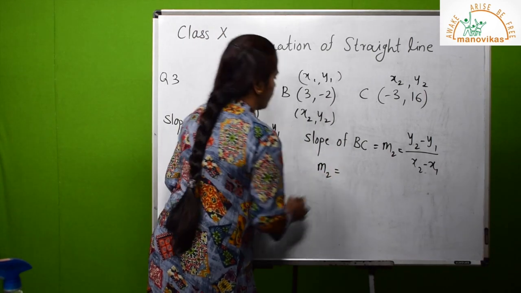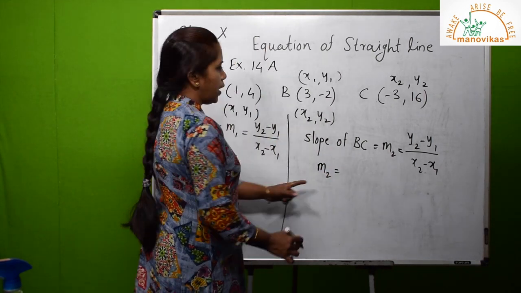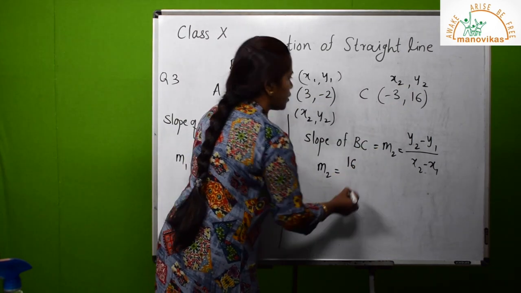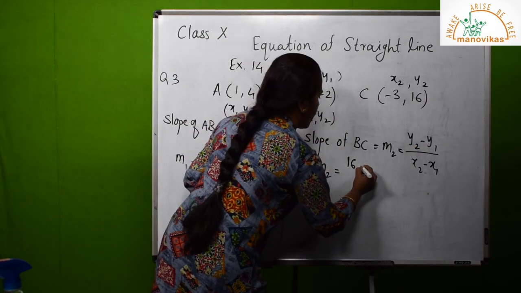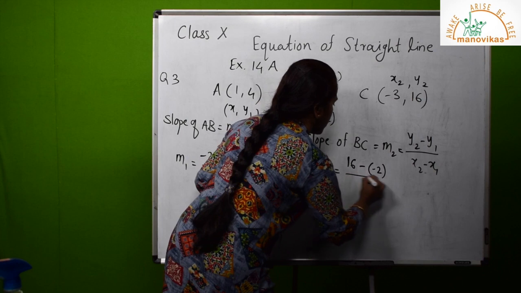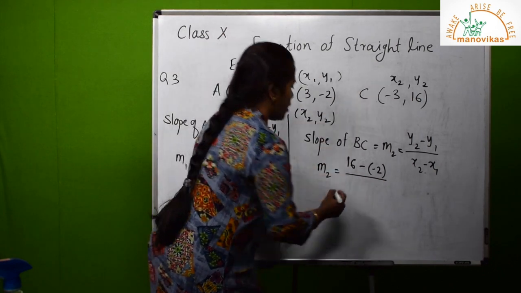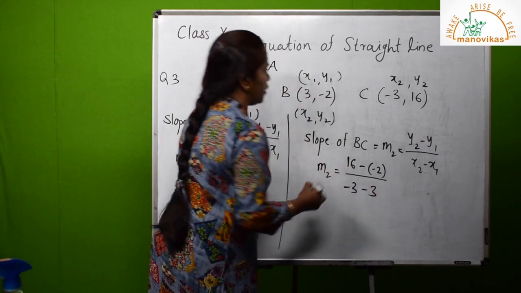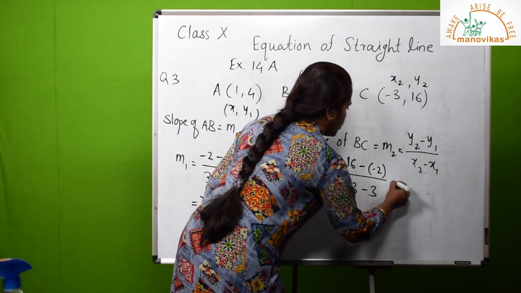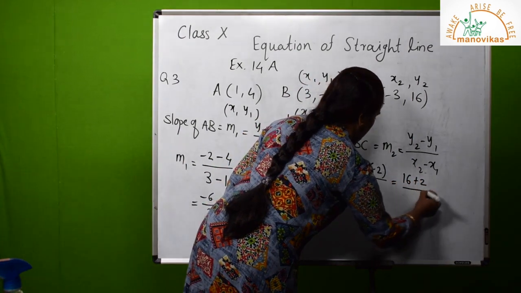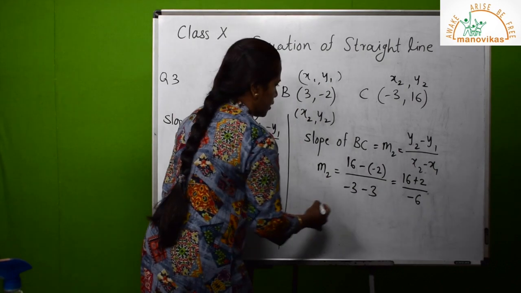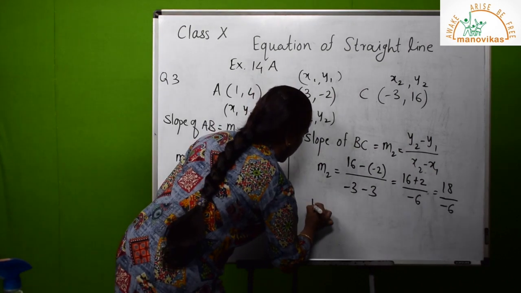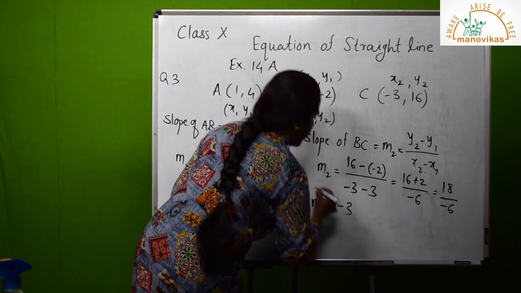So m2 is equal to y2, here y2 will be 16, so 16, y1 is minus 2, so 16 minus minus 2. x2 is minus 3 and x1 is 3, so minus 3. So it is 16 plus 2 upon minus 6, that is 18 upon minus 6. So m2 value is minus 3.